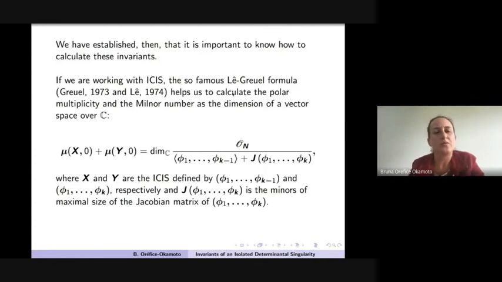If you are working with ICIS, the famous Leibniz formula helps us to calculate the polar multiplicity and the Milnor number.